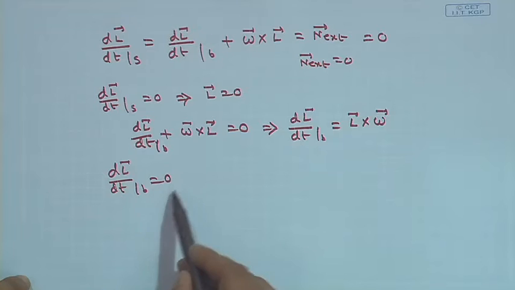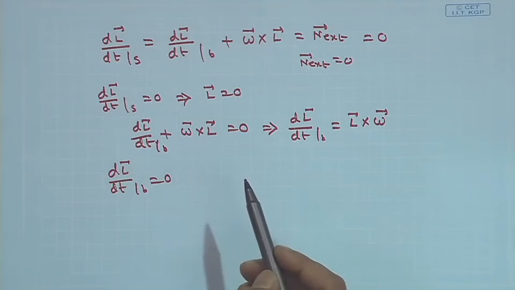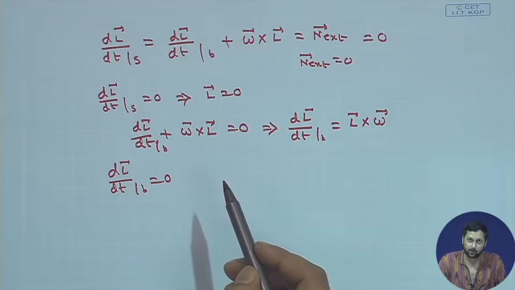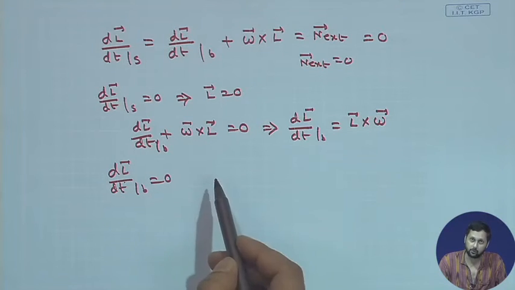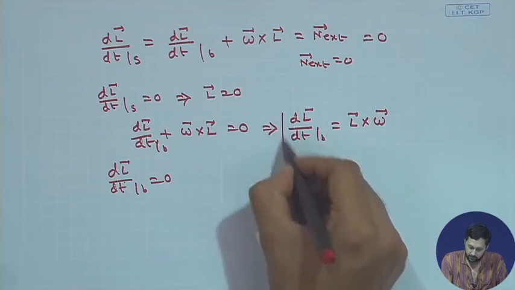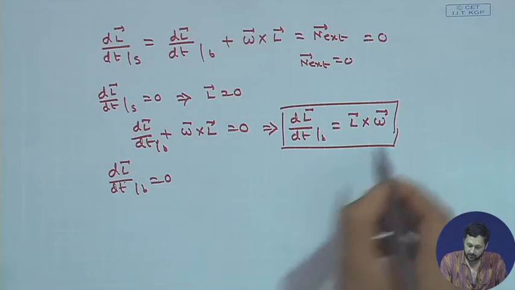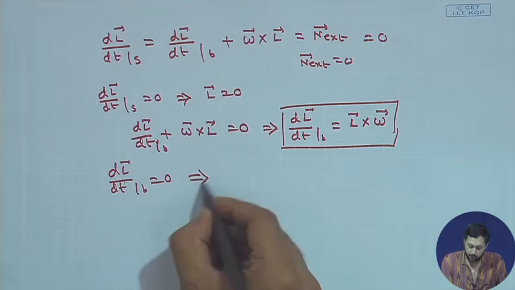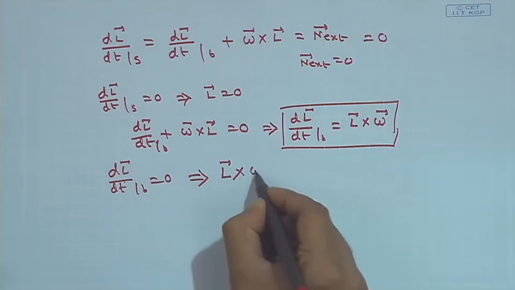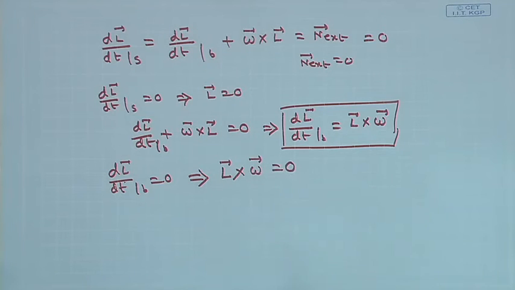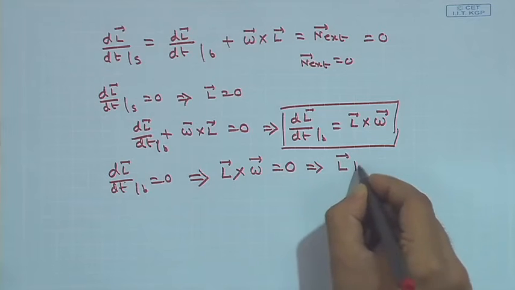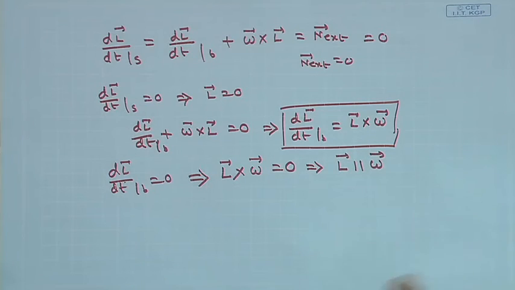When we are discussing the motion with respect to body set of axis, we set (dL/dt) body equal to 0. Now, if we do that, we see from this equation that (dL/dt) body equal to 0 implies L cross omega is also equal to 0, and this implies L is parallel to omega.